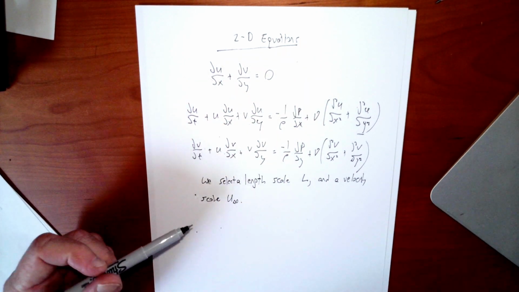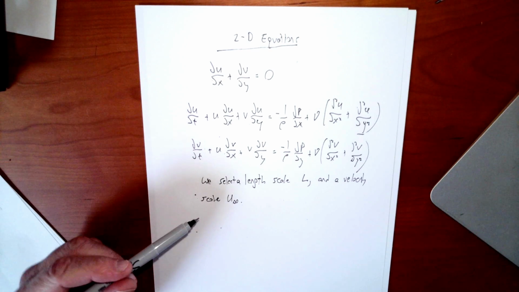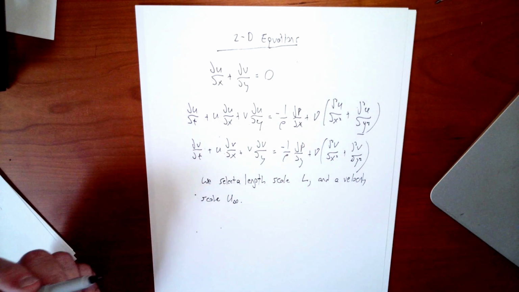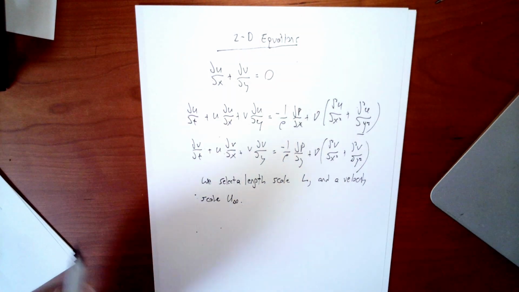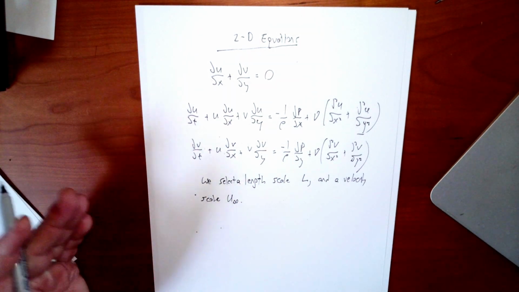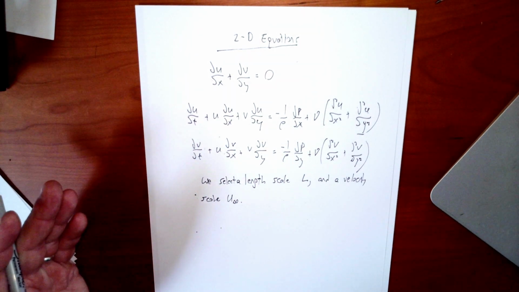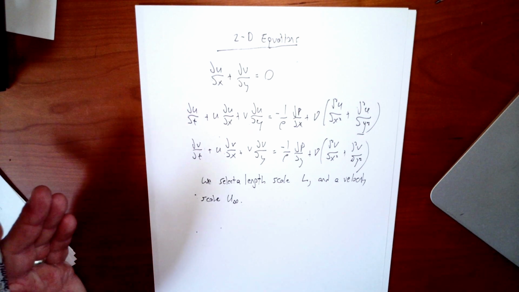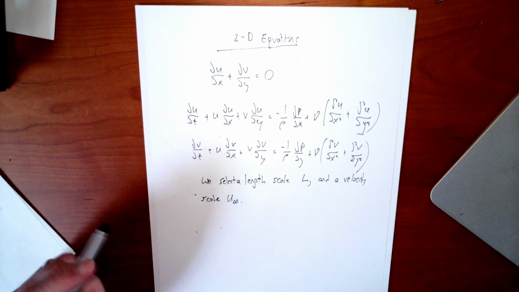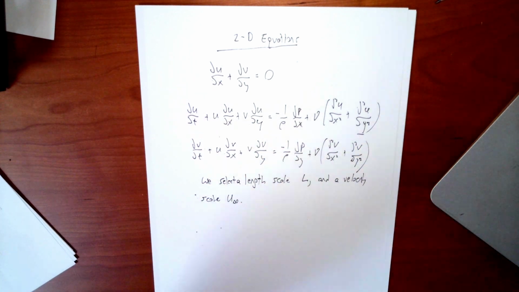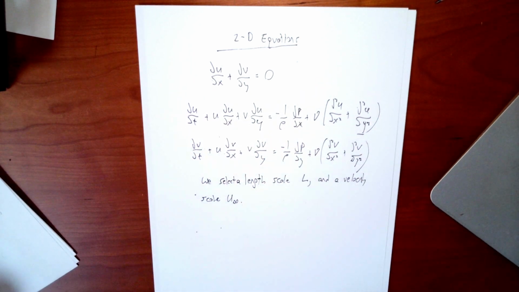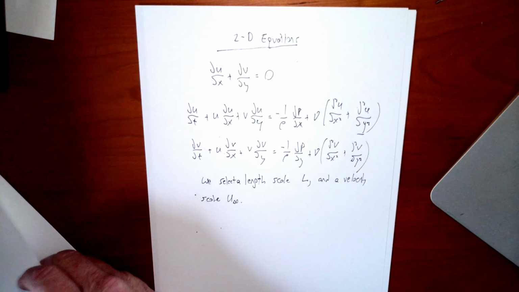So if it is flow over a plate, then obviously U infinity, the atmospheric flow velocity, would make a lot of sense, or flow around a sphere, then the U infinity free stream velocity would make sense. If it's flow inside a duct, maybe some other velocity might make more sense, like the mean velocity. So we'll see how you choose those later. But the point right now is it doesn't matter what we choose. We have one length scale and one velocity scale, and that's going to allow us to non-dimensionalize this problem.